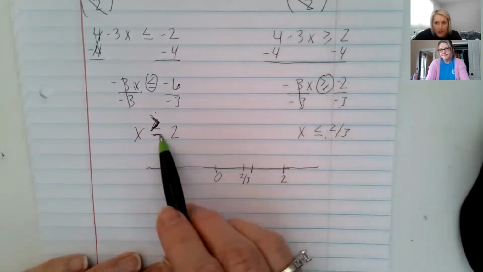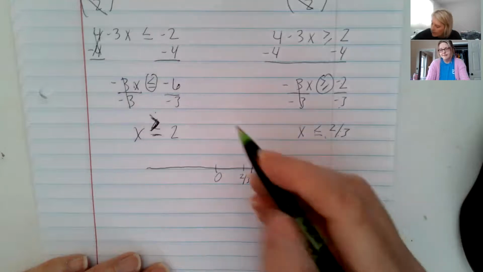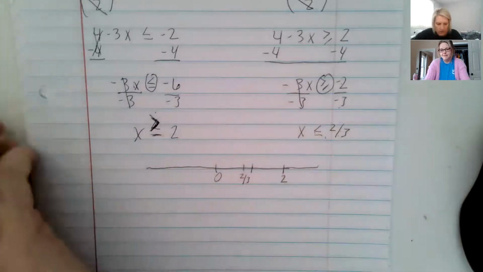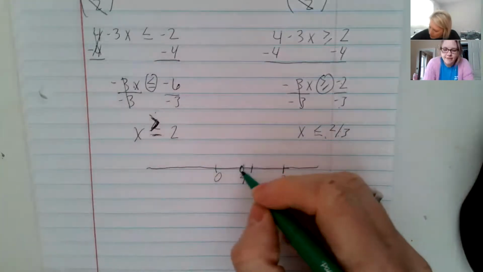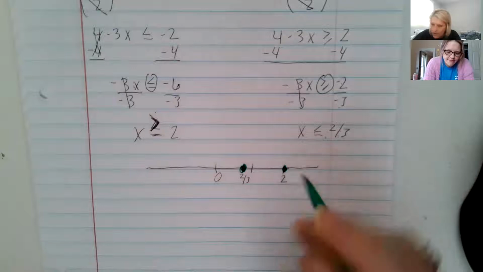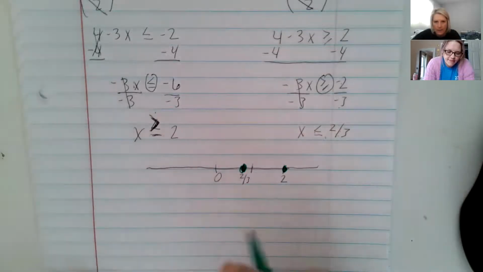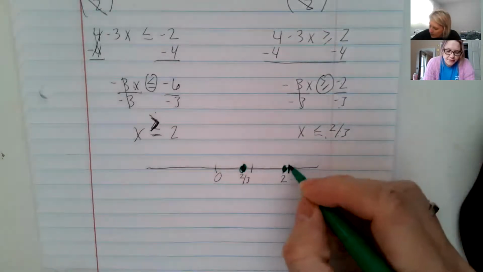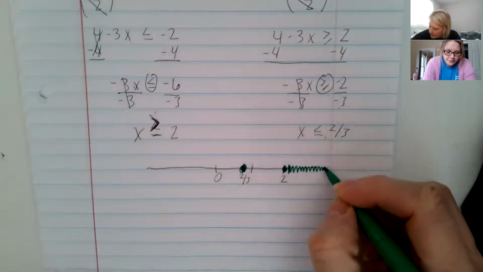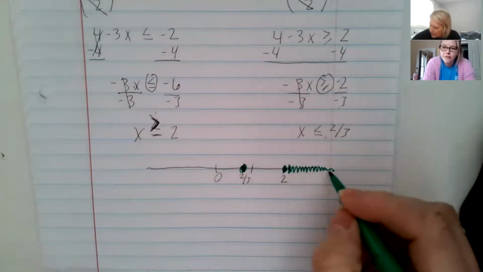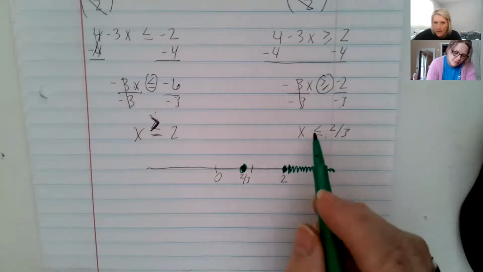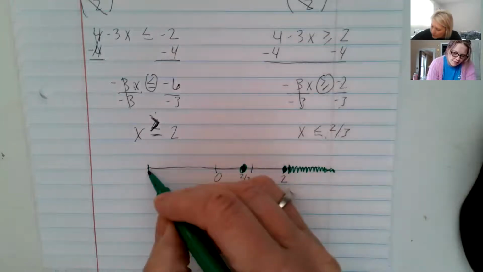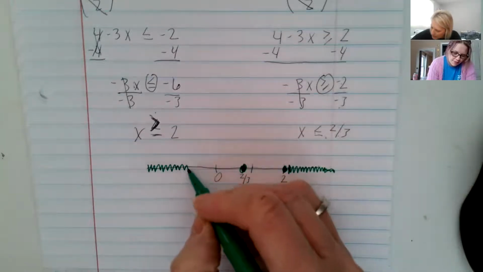They're greater than or equal to and less than or equal to, so they both get a colored in circle. Let me do that with my different markers. And it's x is greater than or equal to 2, so I'm going to shade to the right. And then the other one is x is less than or equal to 2/3, so I'm going to shade to the left.